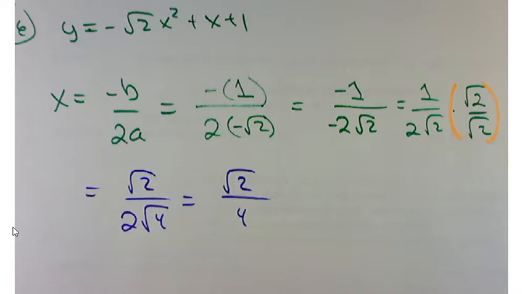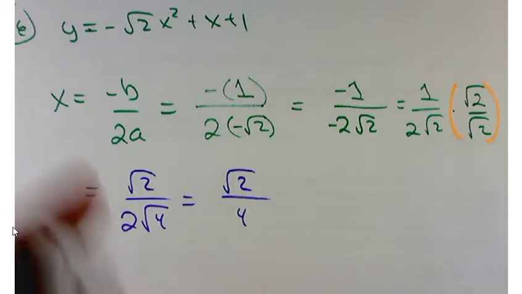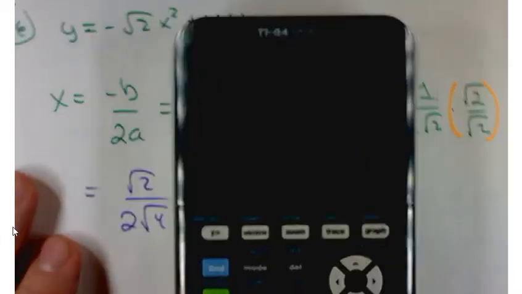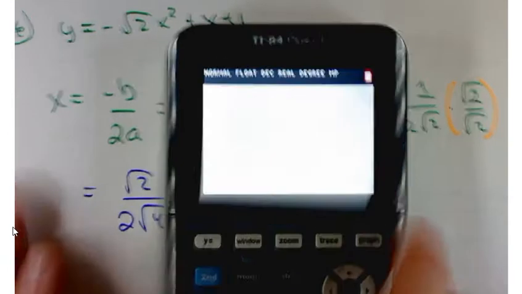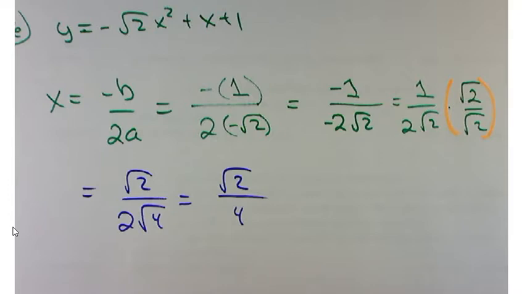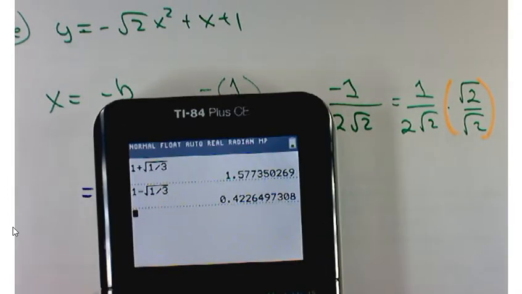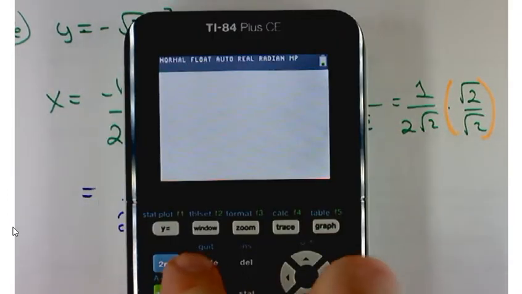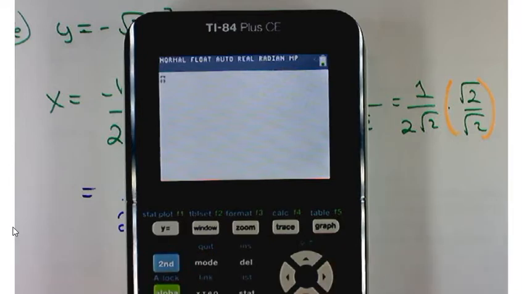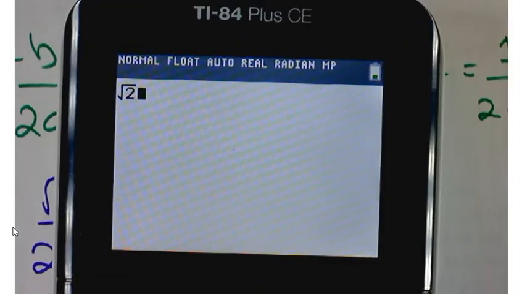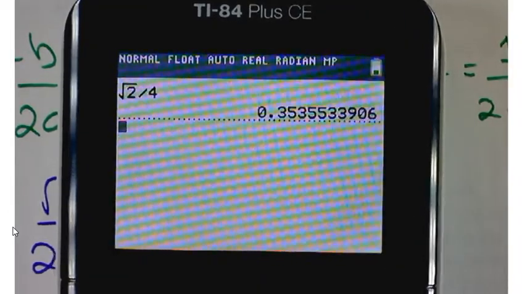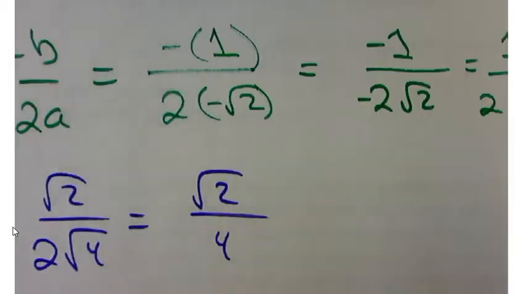Let's see that that's true. So let's see here. Square root of 2. And then you want to exit that. So you press the right arrow, divided by 4, should give me 1.17 or something? No. Oh, I was way wrong.